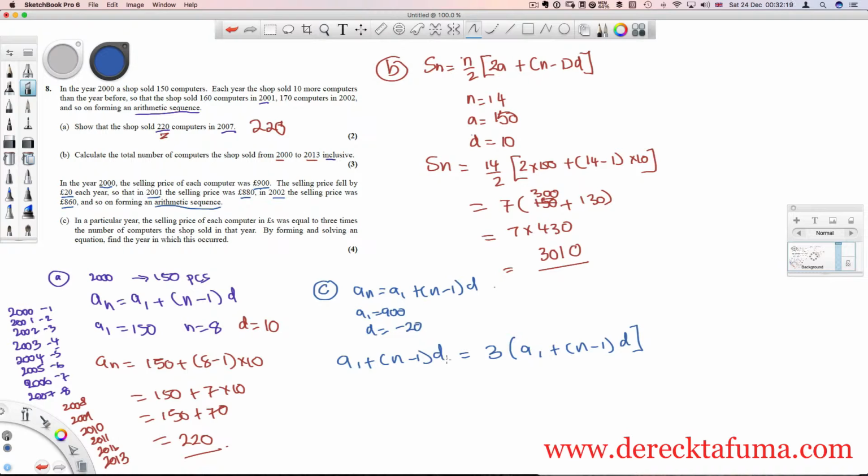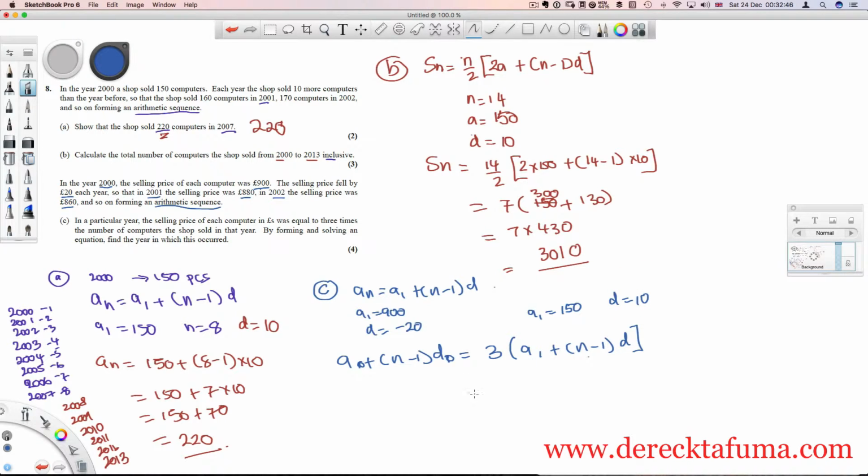Now let's call this side A naught and D naught. On the computers side, we know A1 is 150, we don't know what n is, and we know that D is 10.